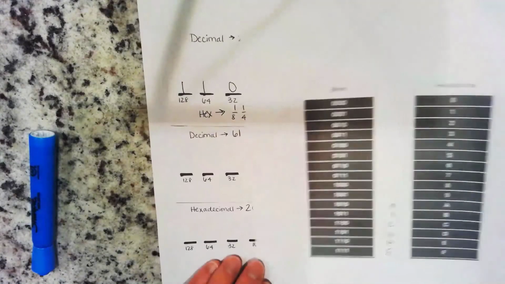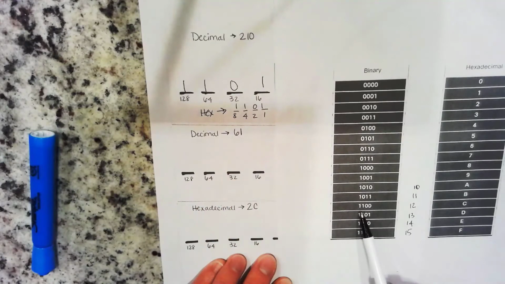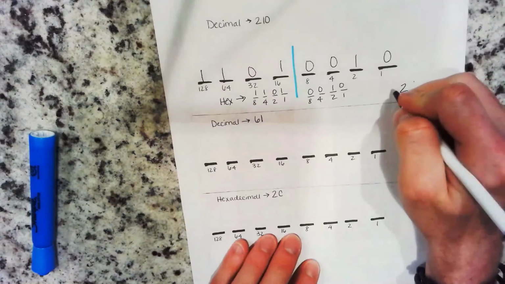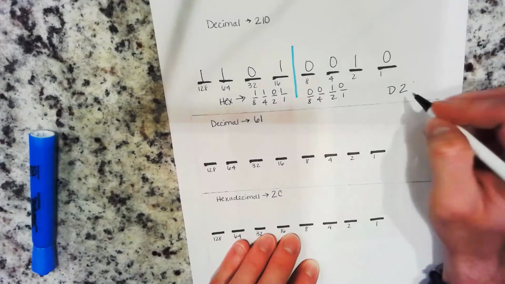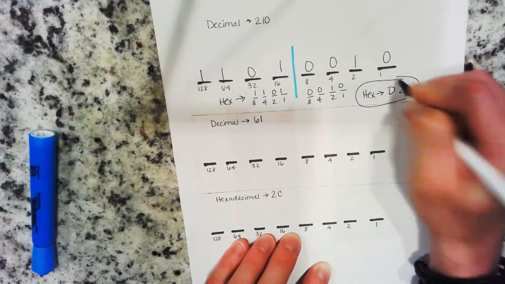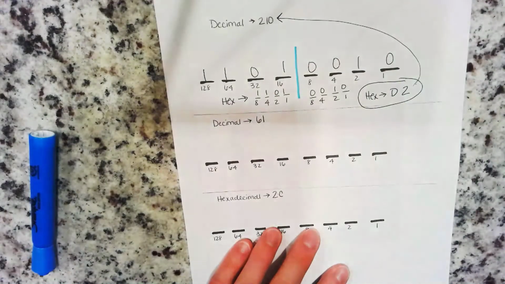I'm looking for 1101, and 1101 is 13, or a D. So based off my chart, it should be D2, the hexadecimal value for the decimal value 210.